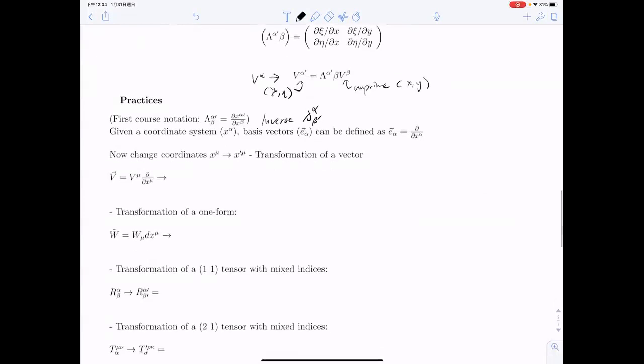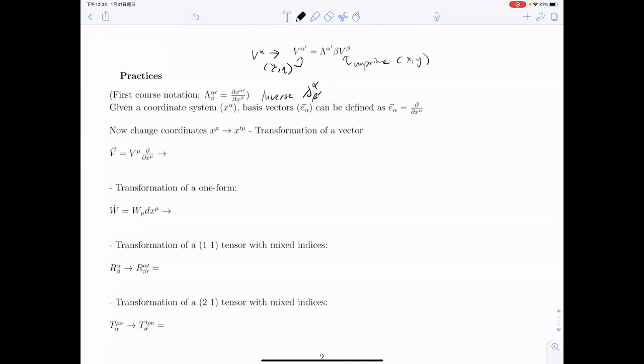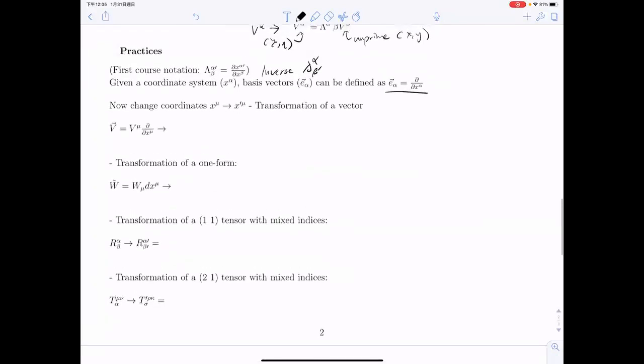Given a coordinate system x alpha and basis vectors, sometimes in some notes someone will define the basis vector E equal to this. So be careful. Now here is the practice.